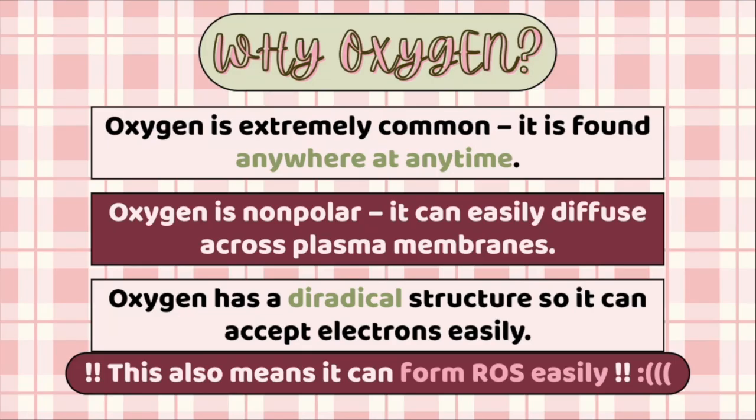So we say diradical. It means it can accept two electrons. Do you get it? Yeah. Okay. Anything else? Okay, I'm going to move on.